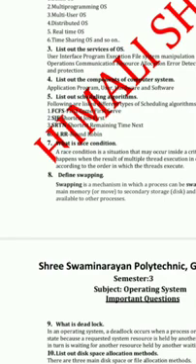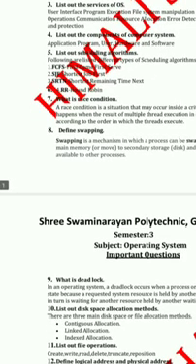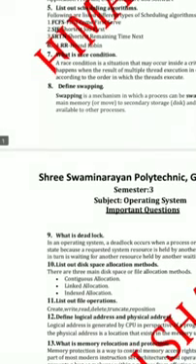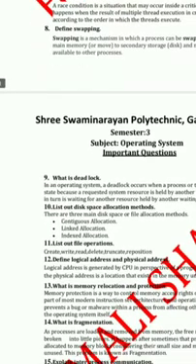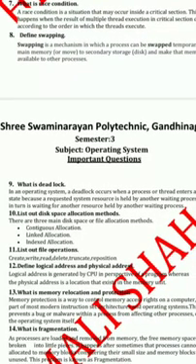Fifth, list out the scheduling algorithms. Sixth, explain FCFS, SJF, SRTN and RR in methodology. Seventh, what is race condition. Eighth, define swapping. Ninth, what is deadlock.